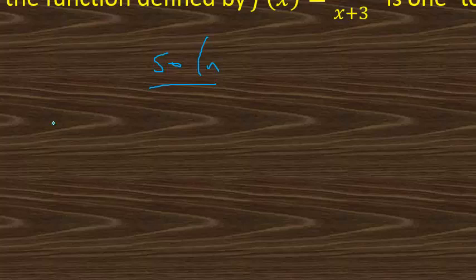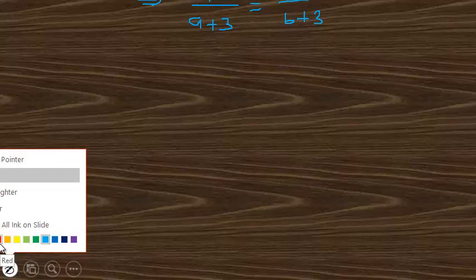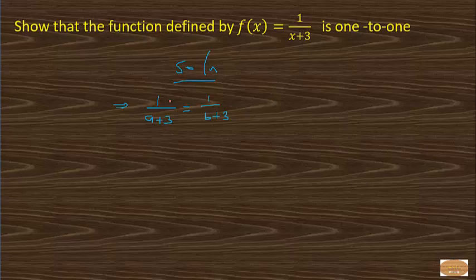So straight away I will put a in this on my left, so 1 over a plus 3 equals 1 over b plus 3. So we can do cross multiplication.